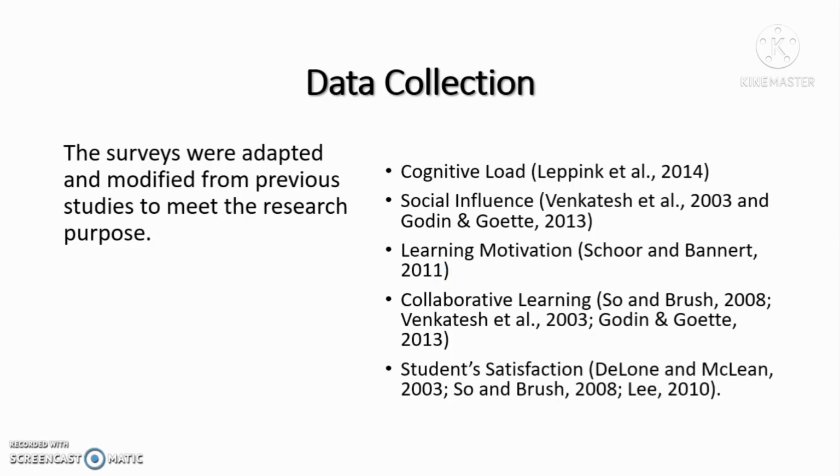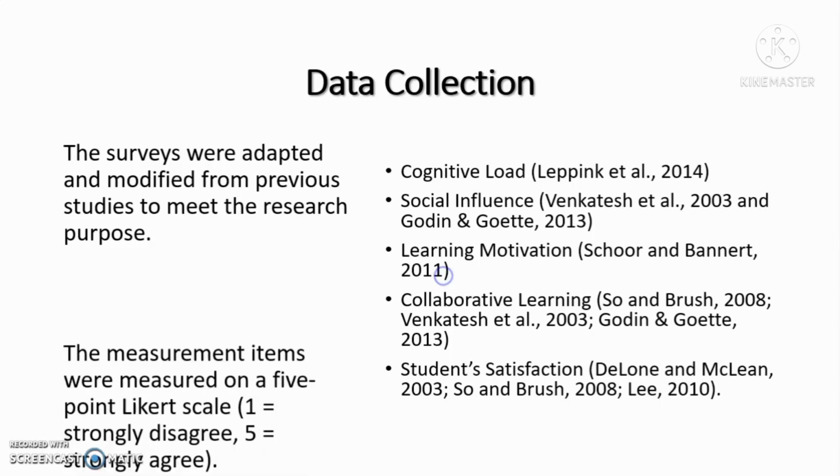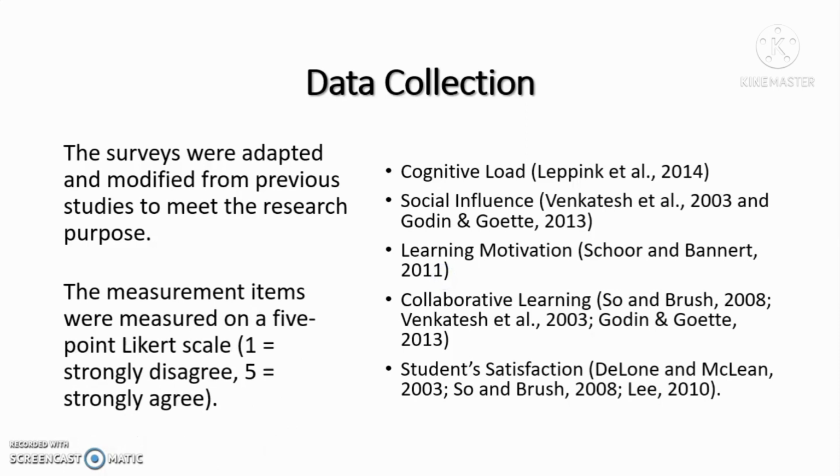Finally, for students' satisfaction measurement, the researcher employed the survey developed by Dellon and McLean, So and Bruce, and Lee. The measurement items in all surveys were measured on a 5-point Likert scale. Point 1 equals strongly disagree, and point 5 equals strongly agree.